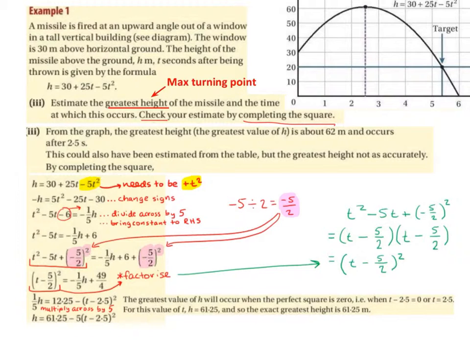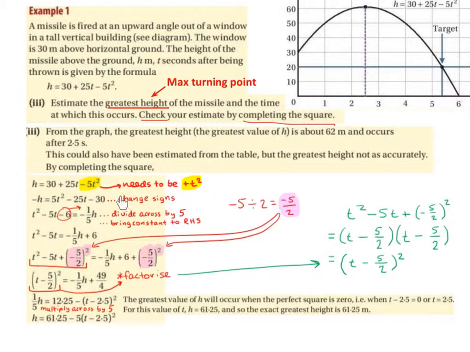We have to have positive t squared. So h becomes minus h, 30 becomes minus 30, minus 5t squared becomes 5t squared, and plus 25t becomes minus 25t. And we arrange it so we have t squared, the t, and the constant.